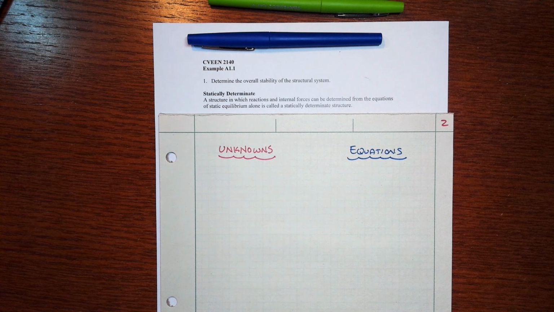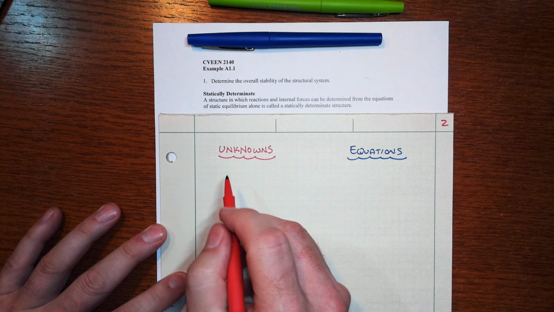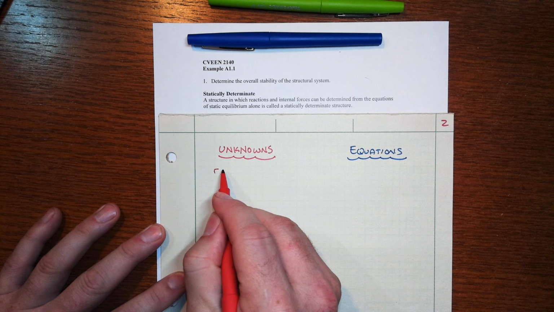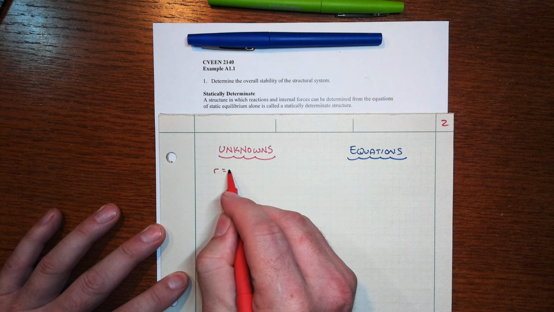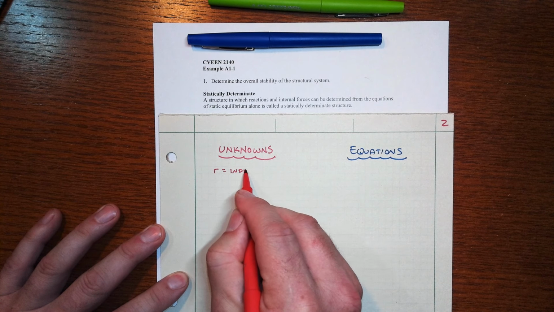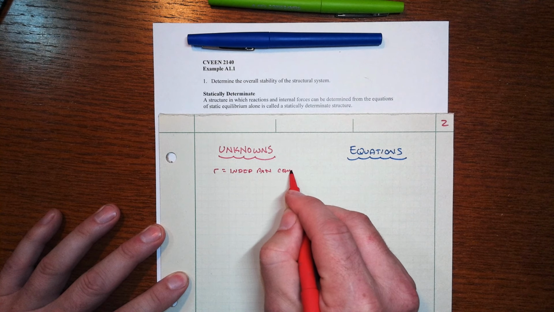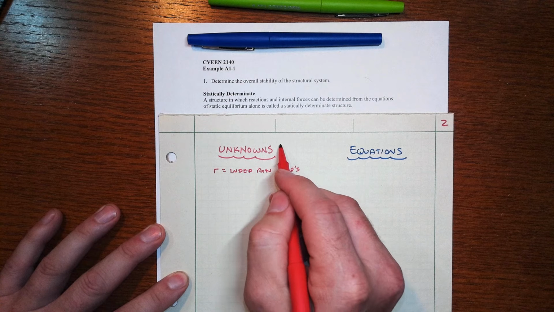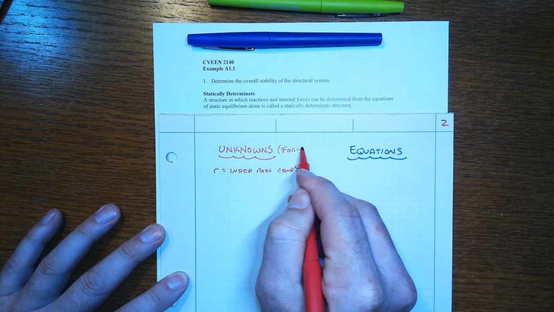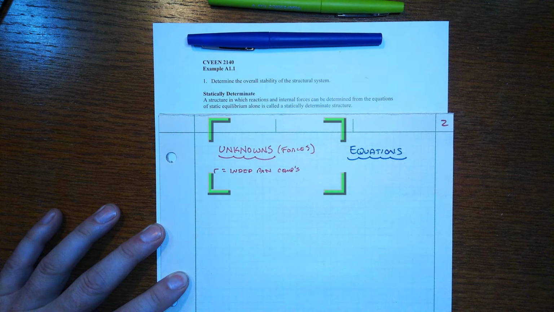So for a typical situation, we might have a number of independent reaction components. Those would be force unknowns. That's really what we're dealing with in our modeling: what are the unknown forces in our system?